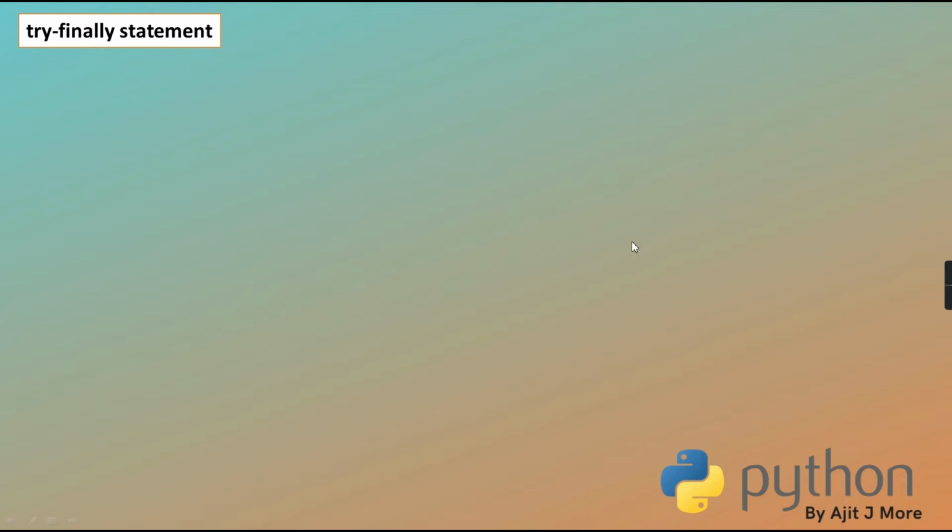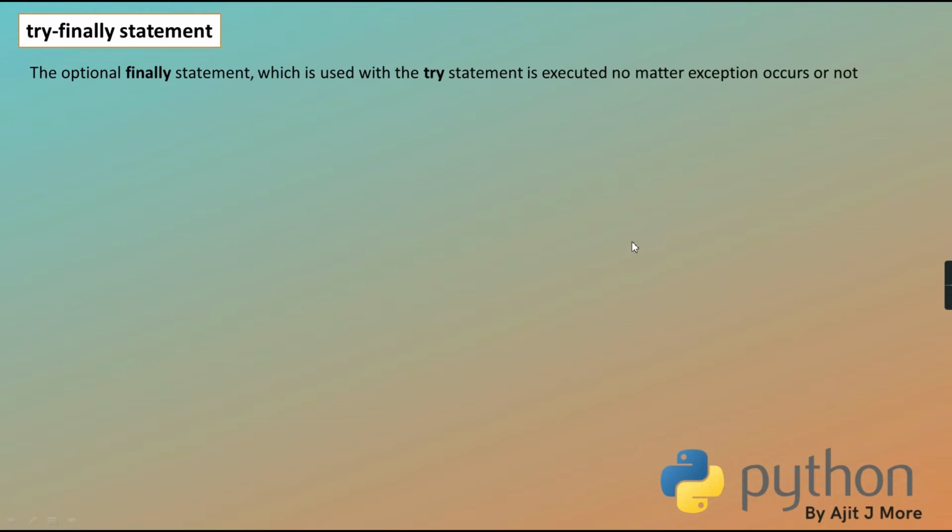Getting clear? So always remember, when the problem occurs, except block. When no problem occurs, else block. And irrespective of whether the problem occurs or not, the finally block is going to run at the end.